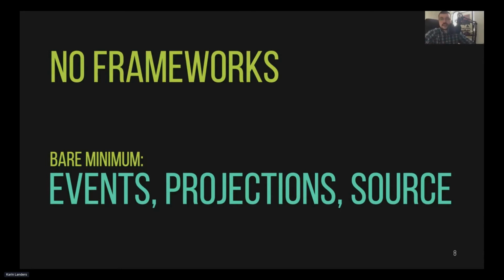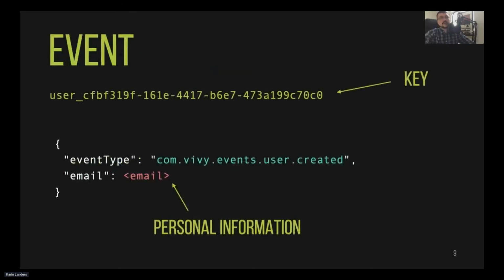On the event source system itself, we use the bare minimum, which is just events, reactions, and the source itself, where all events are stored. The source keeps all the events in the form of a JSON structure, where we write down what kind of event type it is, and this event type defines what other fields you have to expect in the data structure and what kind of information you could collect from these events.